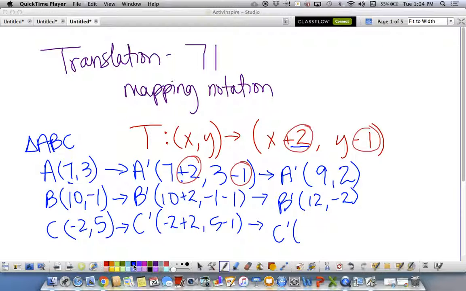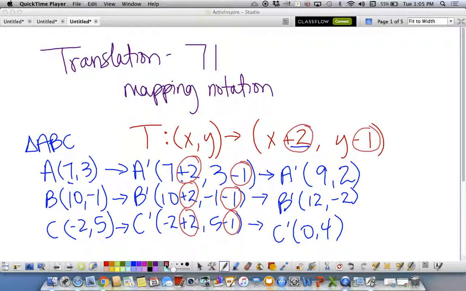So C prime is 0, 4. Not hard. With mapping notation, all of these are going to be the same. We're going to add the same amount to your x's and the same amount to your y's. Sometimes you're going to subtract if it's moving down or left.